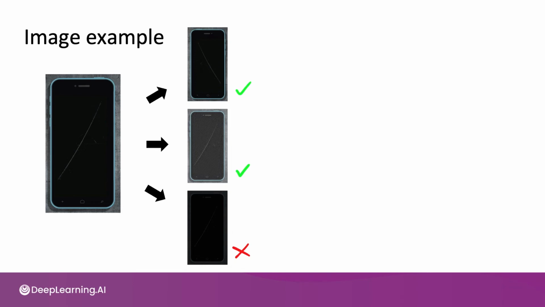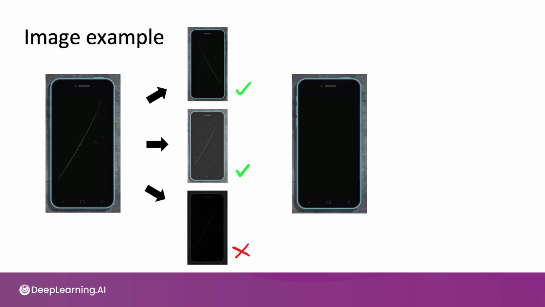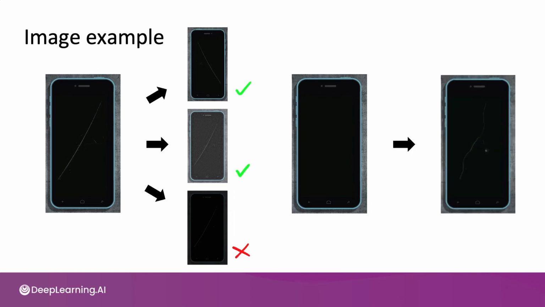And in fact, going off the principle that we want images that look realistic, that humans can do well on, and hopefully the algorithm does poorly on, you can also use more sophisticated techniques, such as take a picture of a phone with no scratches and use Photoshop in order to artificially draw a scratch. And this technique, literally using Photoshop, can also be an effective way to generate more examples.